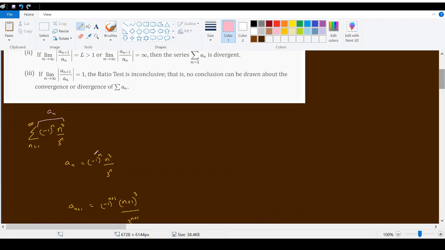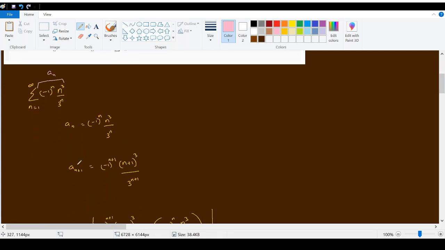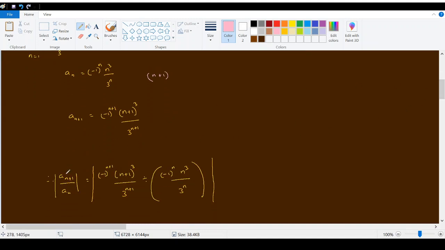So how do we find the an plus 1th term? We just replace all the n terms by n plus 1. So here we have replaced all the n terms by n plus 1, and then we just need to get the ratio of these two terms.